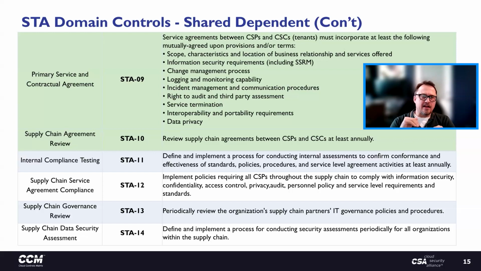So obviously the reviews need to be done at least annually, but it's not just to have the annual checkbox, it's also about checking to make sure that the controls are effective, that risk assessments and audits support that the controls are in place, and so on. So during that agreement review, here's the time to make changes and realign in those areas.